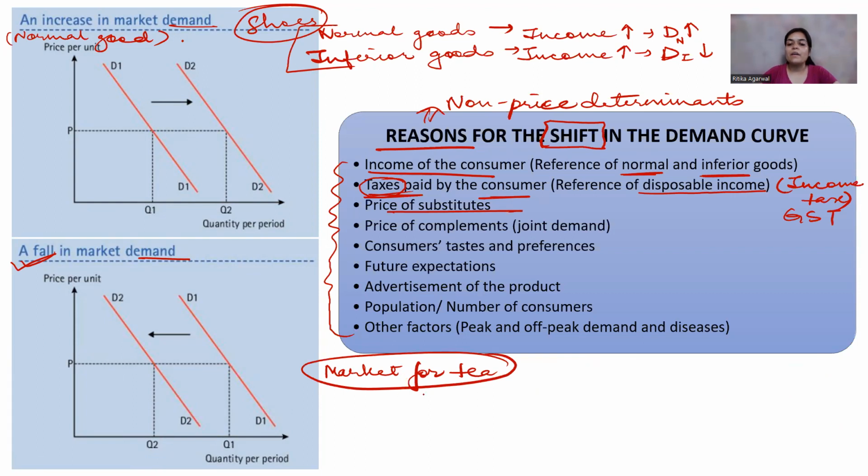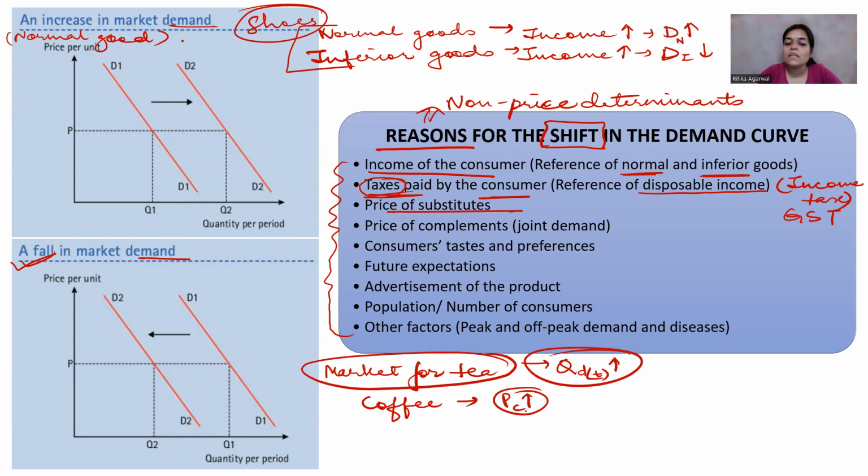This is the primary market. So what is the substitute good here? We have coffee. Suppose the price of coffee rises. What will be the impact on the market for tea? The market for tea will witness an increase in the quantity demanded of tea.